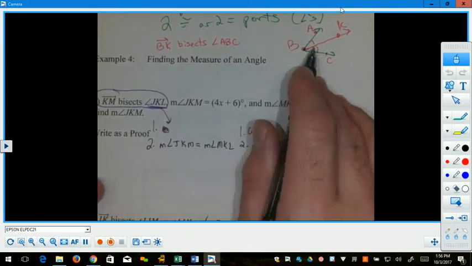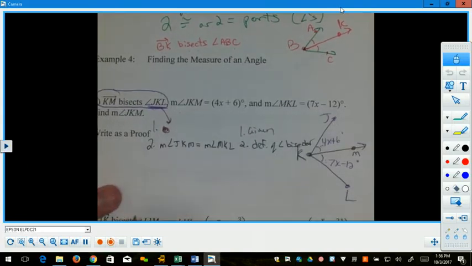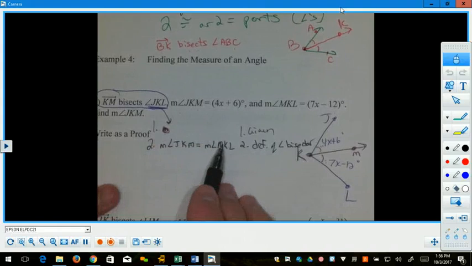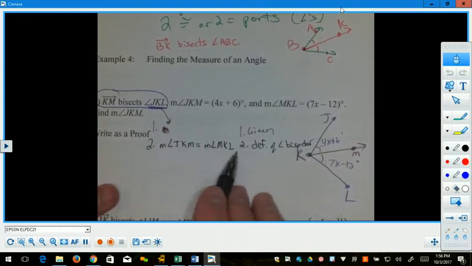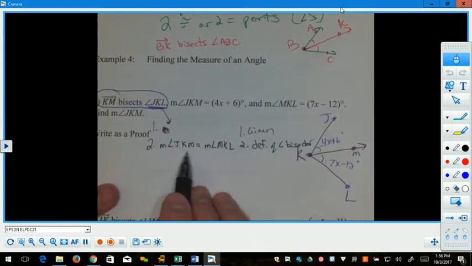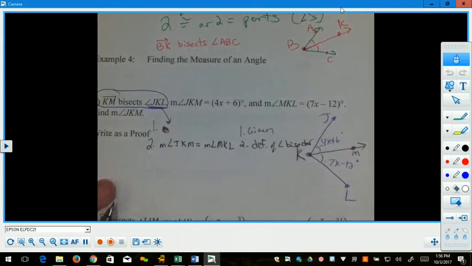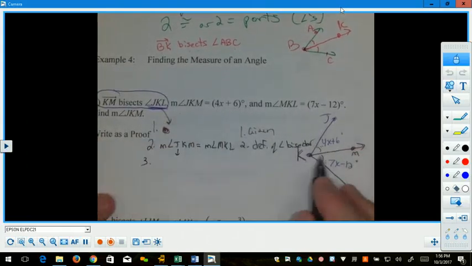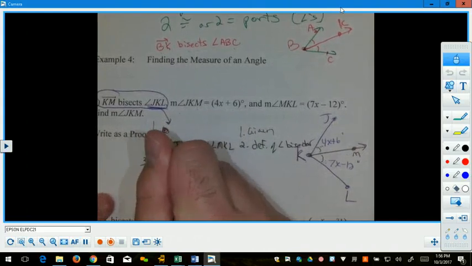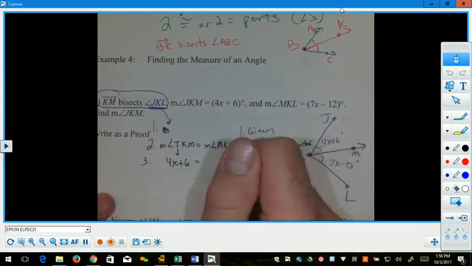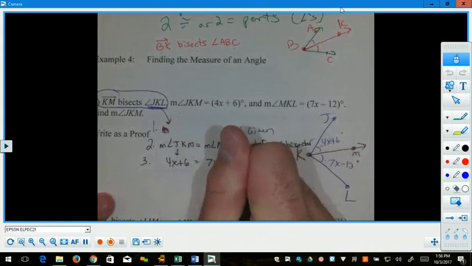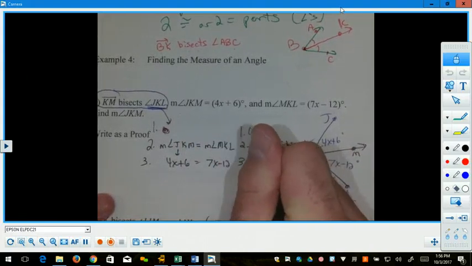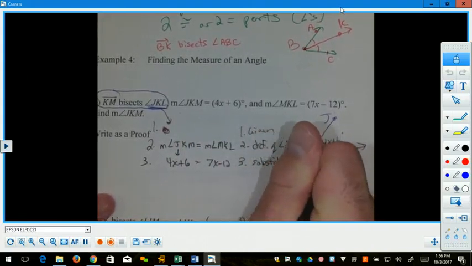That's why they're marked congruent there. I can say they're congruent, but then I have to say that they're equal as a next line. So I'm just going to do this in one step. The measures are equal by definition of angle bisector. And now I'm going to plug in the expressions. Angle JKM is 4x plus 6. MKL is 7x minus 12. So since I plugged it in, it is substitution.